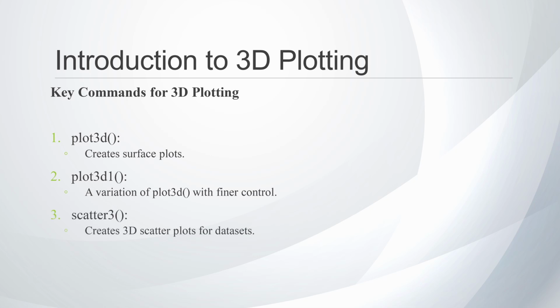If we need to create a 3D scatter plot which displays individual data points in 3D space, we use the scatter3 command. These commands make it easy to visualize complex data and mathematical functions in 3D.